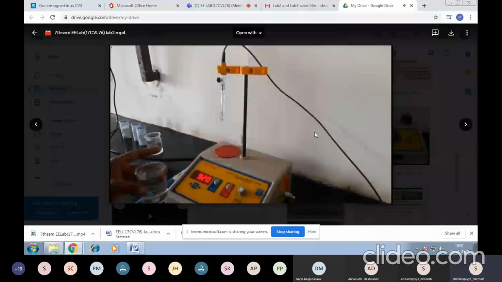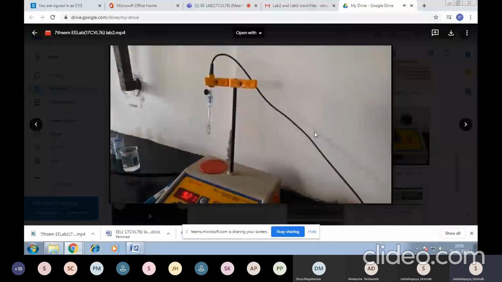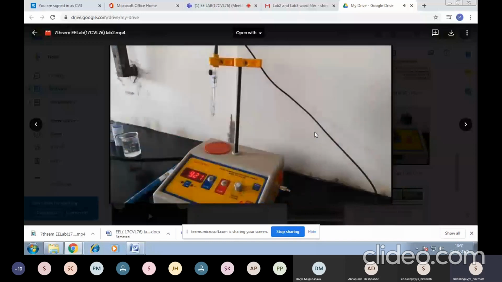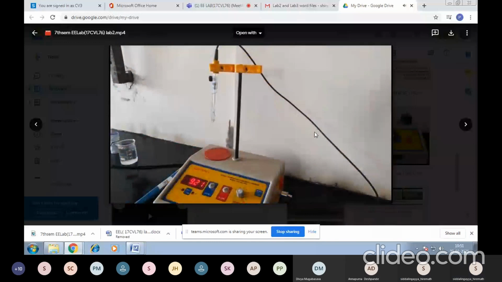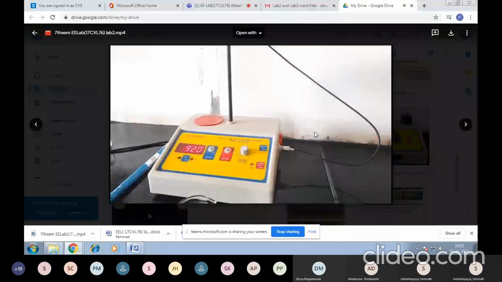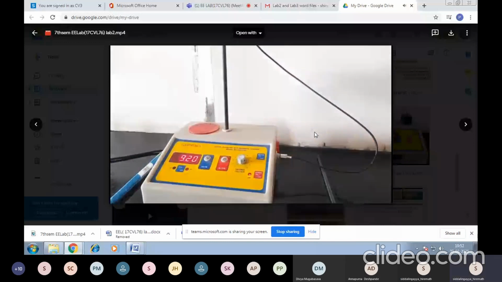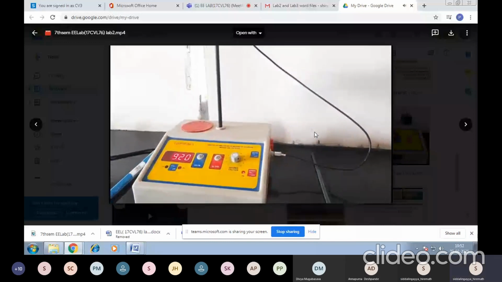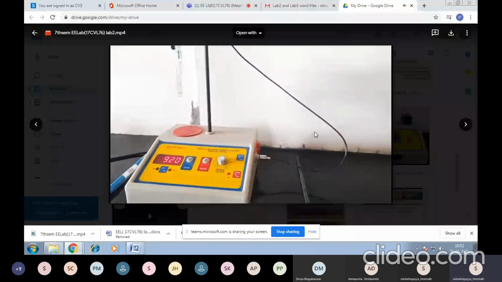Testing of the sample, which again involves the following steps. That is, first, performing calibration of the pH meter using standard pH solution. Now, in a clean, dry 100 ml beaker, take the water sample and place it on a magnetic stirrer.